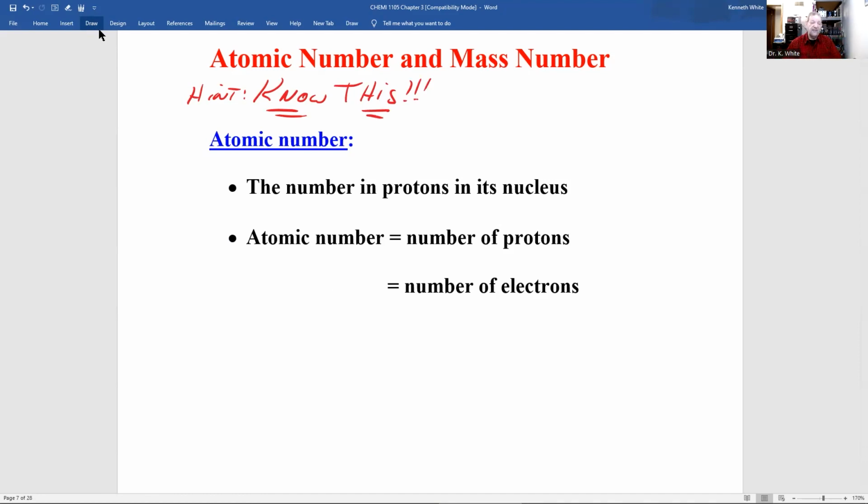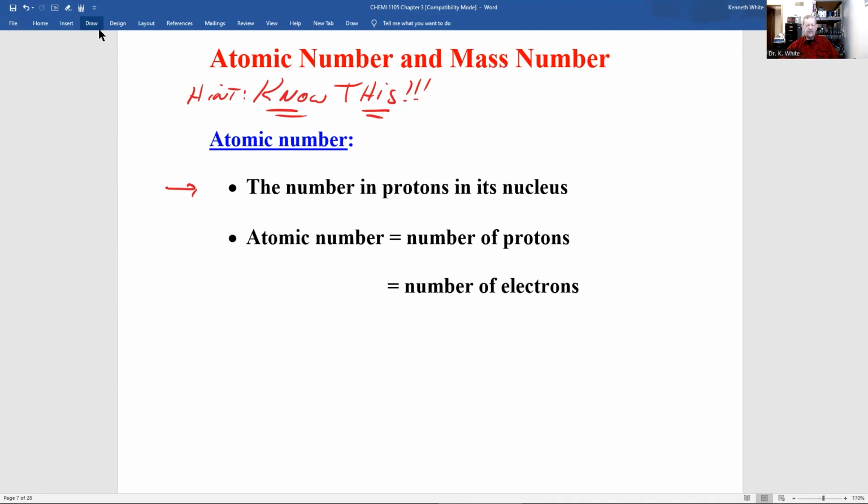And you should know this. Atomic number, by definition, is the number of protons in its nucleus. So the number of protons equals what we call the atomic number.